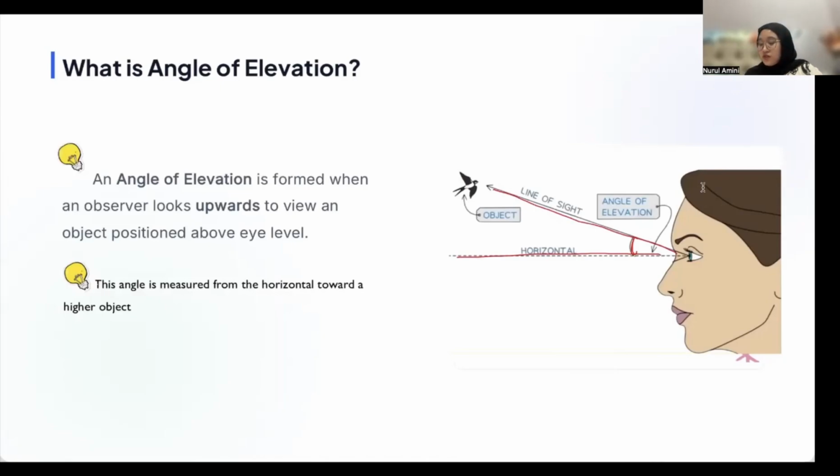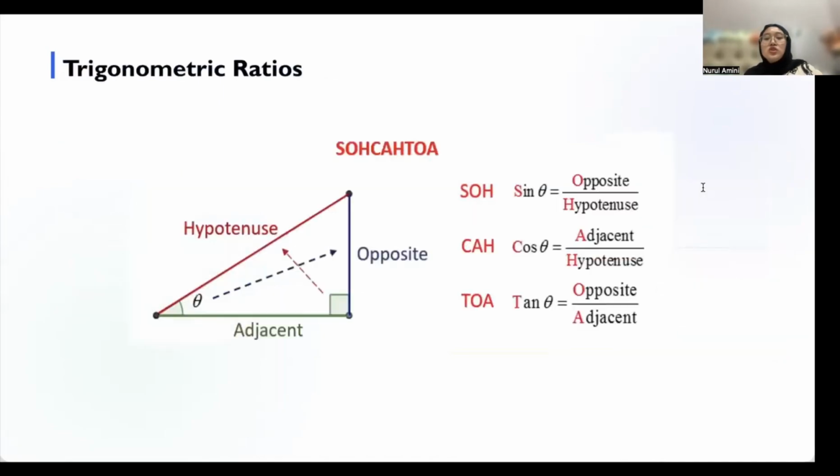Before we solve any problem about the angle of elevation, we should know the trigonometric ratios.